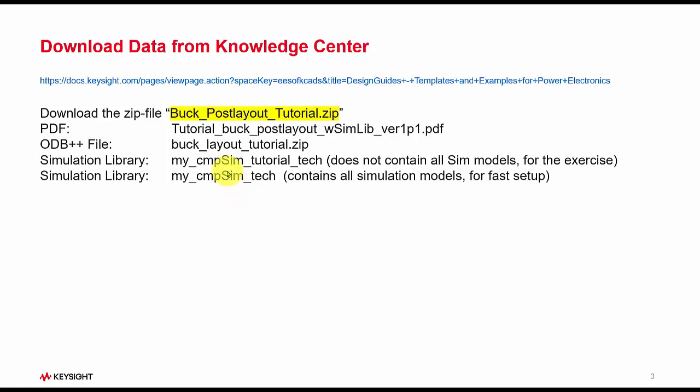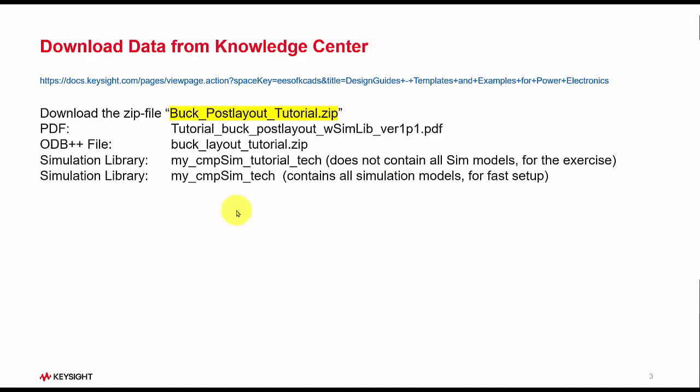The reason why I have two simulation libraries is when you want to have a quick overview of the design flow, then you can use the my_cmp sim_tech library, which contains already all simulation models.